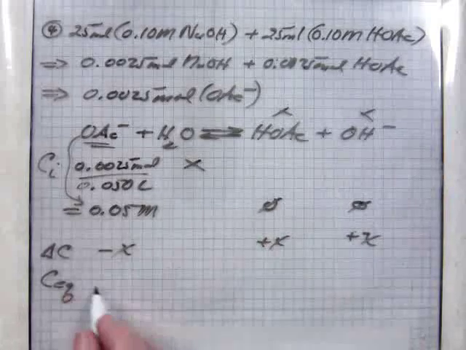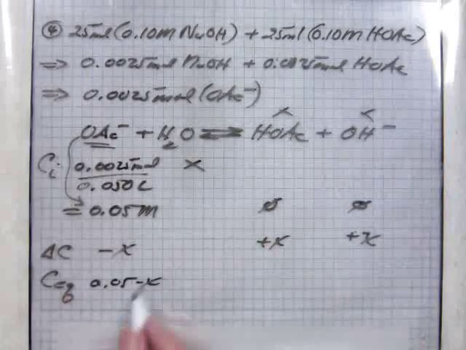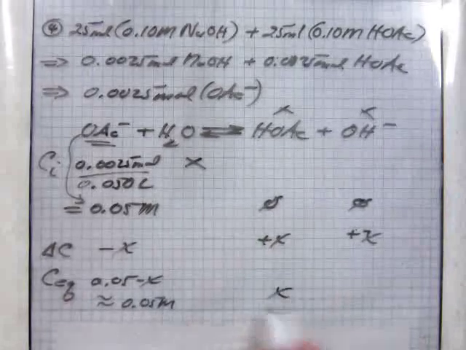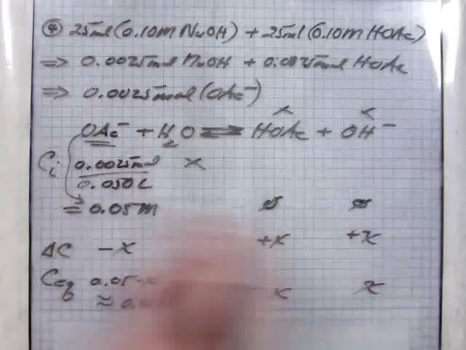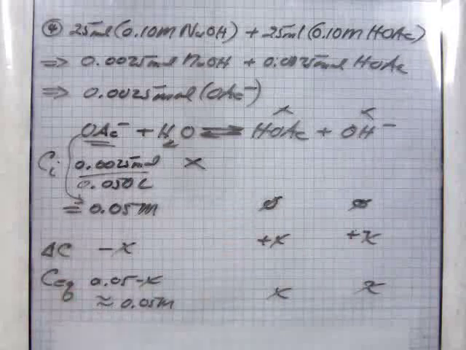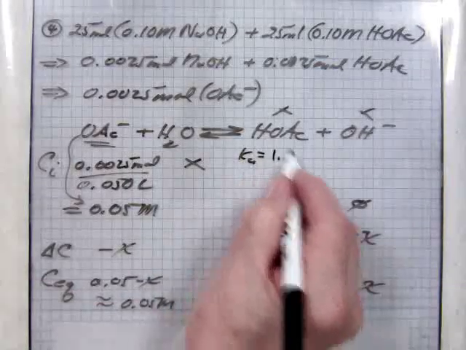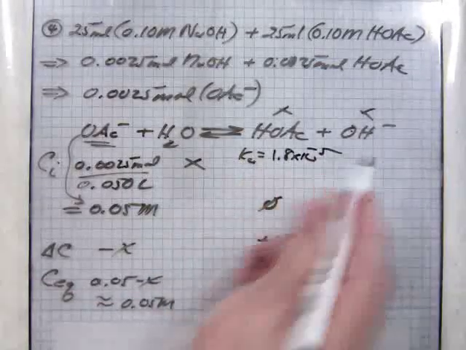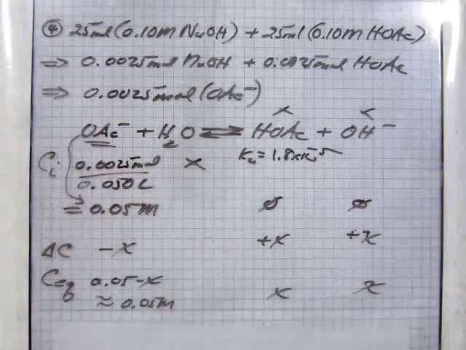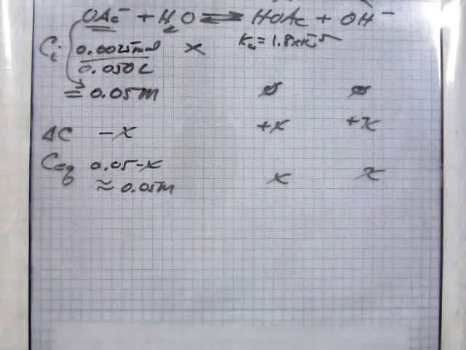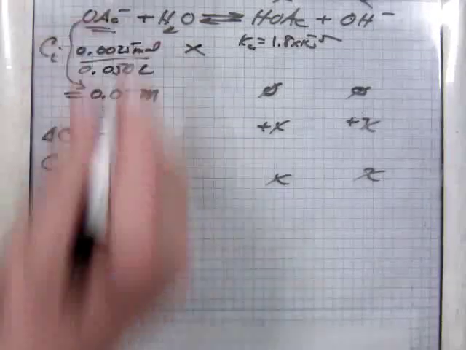And so that's 0.05 minus X, and you can drop the X, long story short, and you have X and X. Okay, this is where you have to use the Kb prime, and you have to have the Ka for the acid right there, and then you apply it to the Kb prime for the OAc.